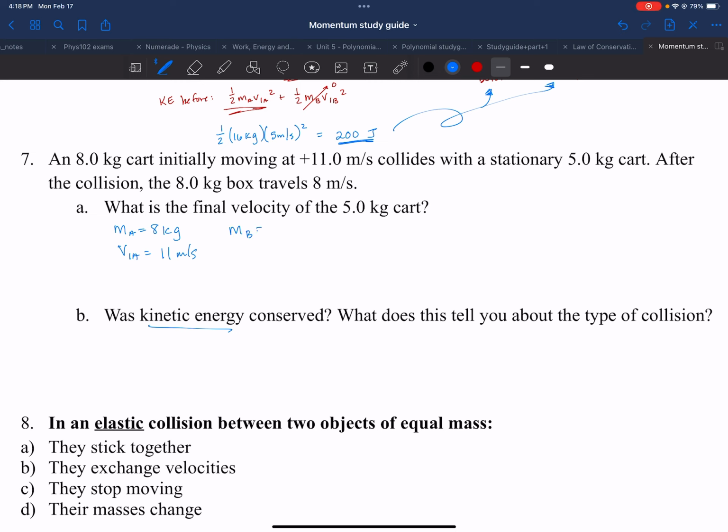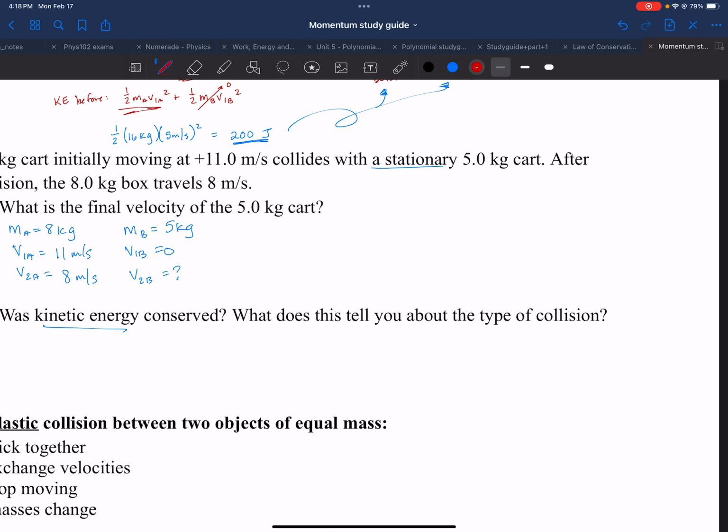Mass of B is 5 kilograms, and it's stationary. Stationary meaning at rest. So V1B is going to be 0. After the collision, the 8 kilogram, which is this one, so V2A is going to be 8 meters per second. So we lose a little bit on that V2A, so we're going to have some value on V2B. That's what we're looking for.